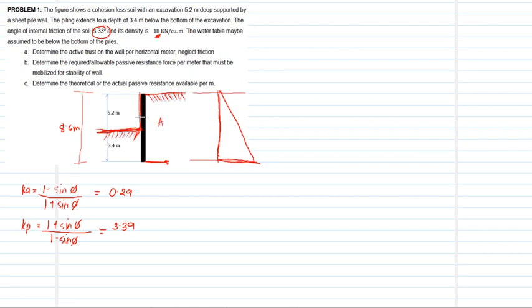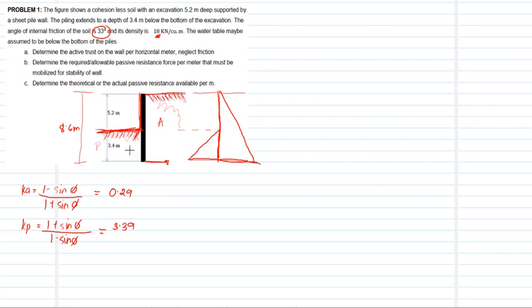So, ito yung active natin, ito yung magiging passive natin. Itong triangle na ito, this is due to the soil here. Diba? Meron tayong soil dito. And then, yung next distribution natin is due to this soil dito, just below our excavation. So, meron din tayong pressure diagram na triangle yan.